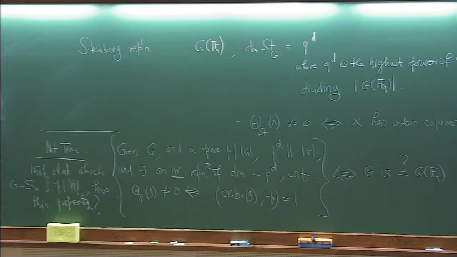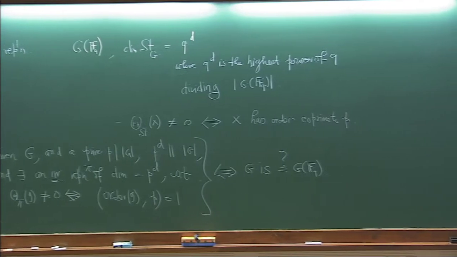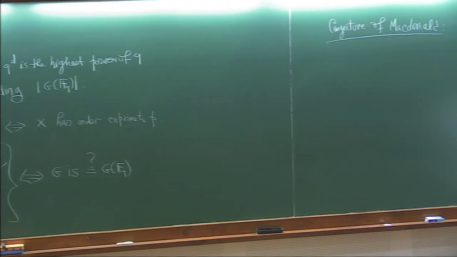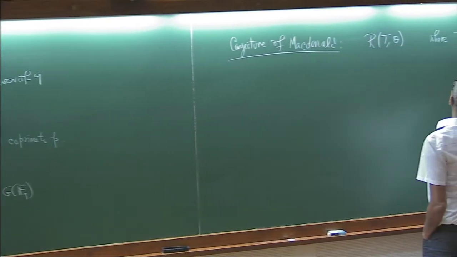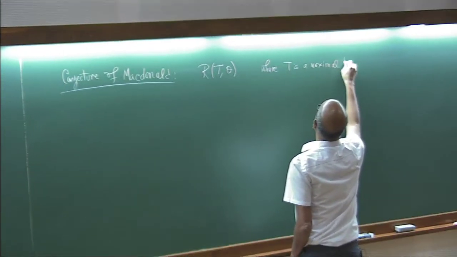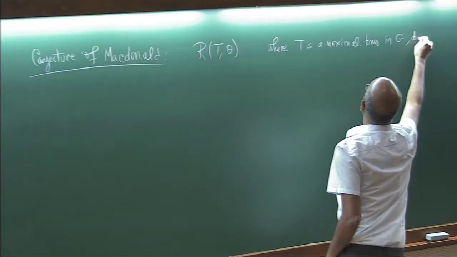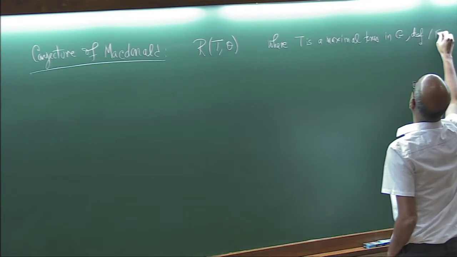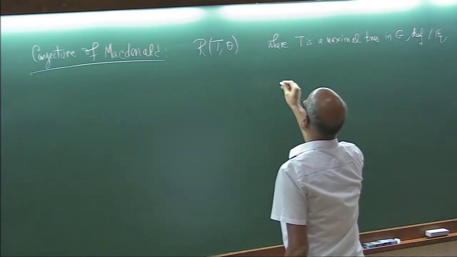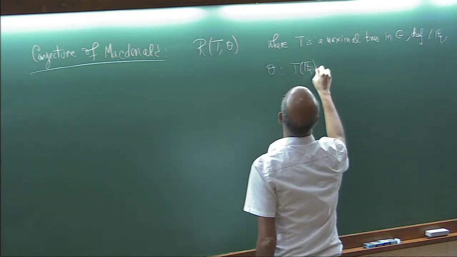All right, so the conjecture of Macdonald was to construct the representation R_T,theta, where T is a maximal torus in G defined over F_q, and theta is a character.